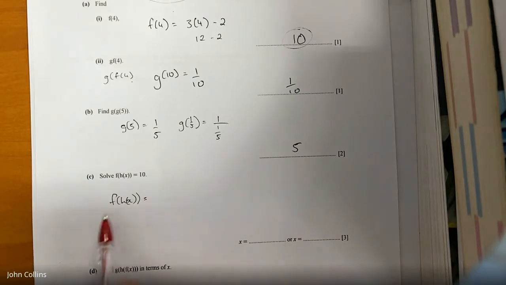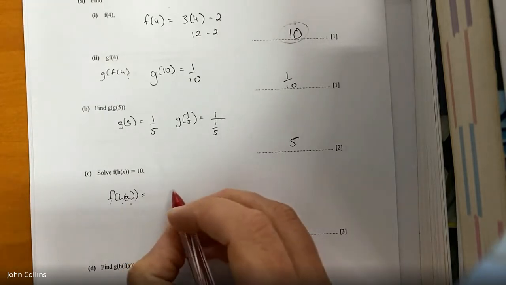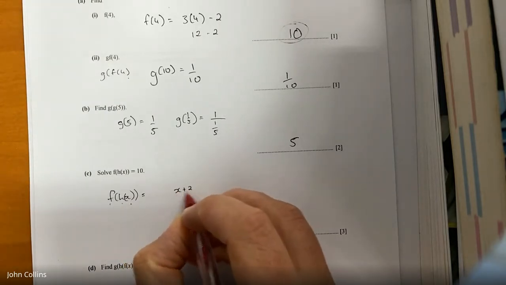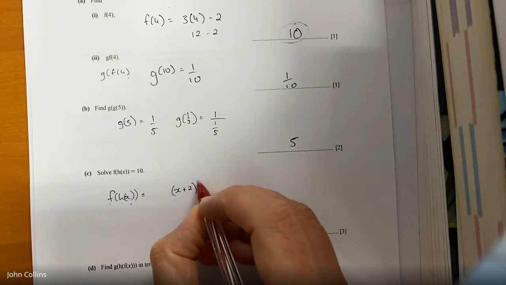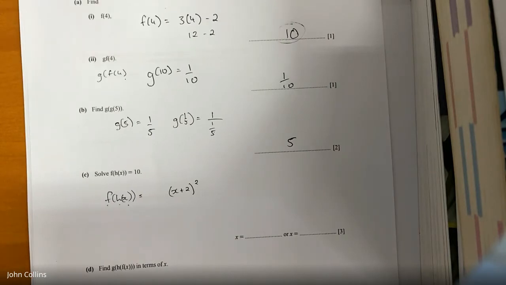Anyway, so this h of x needs to go into f, and then let that answer equal 10. So you've got to deal with the x's first. So h of x is x plus 2 squared. Awesome.